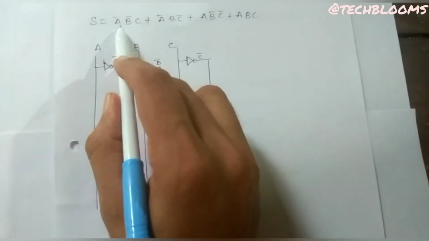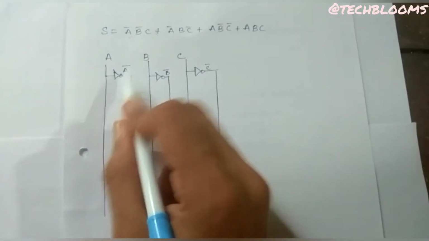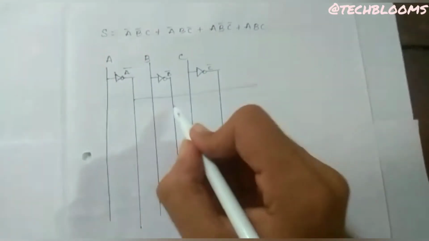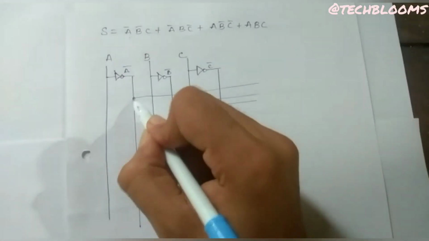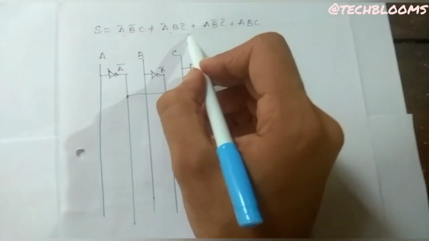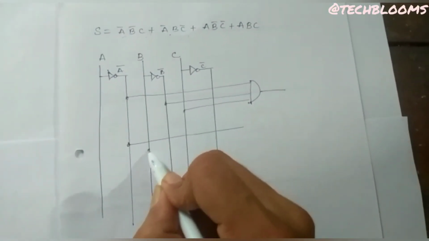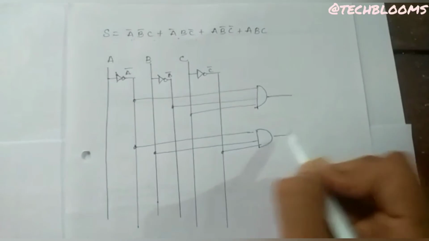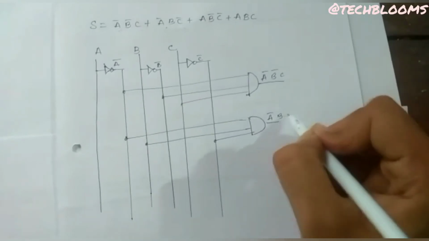The first expression is A bar B bar C. For A bar I have used a NOT gate, then B bar, and C from here. I'll use an AND gate for this. Then A bar B C bar: A bar, then B, then C bar. I got A bar B bar C and A bar B C bar.